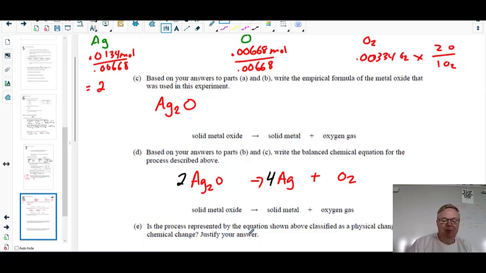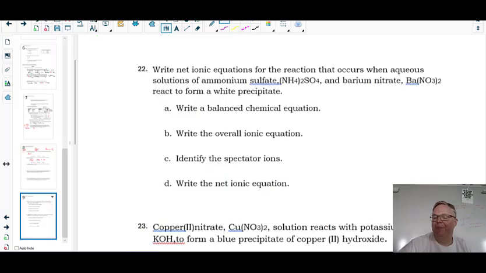It says, is the process represented by the equation above classified as a physical change or a chemical change? Well, obviously it's a chemical change because we are changing the composition of the product. We're changing it from silver oxide to silver and oxygen, so breaking it apart. So decomposition is going to be a chemical process.